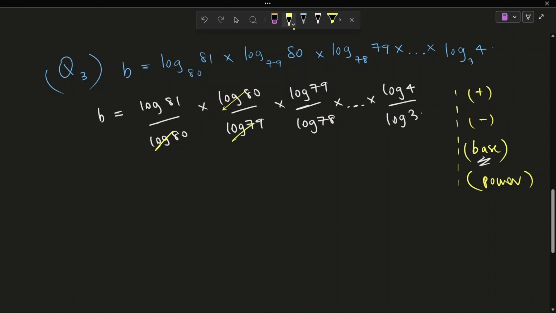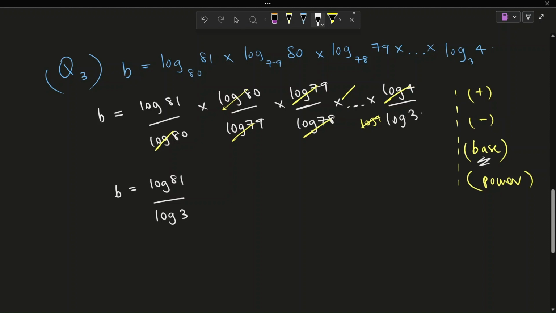The log 79 is going to be cancelled out with the log 79 in this one. So following that pattern, the log 78 is going to cancel out with the log 78 somewhere here, and you're going to move on and on and on and on, and you're going to find a log 4 in the denominator, and that denominator is going to get cancelled out with log 4 over here. So after all that cancelling out happens, you're going to get b equals log 81 over log 3, because all of these get cancelled out.